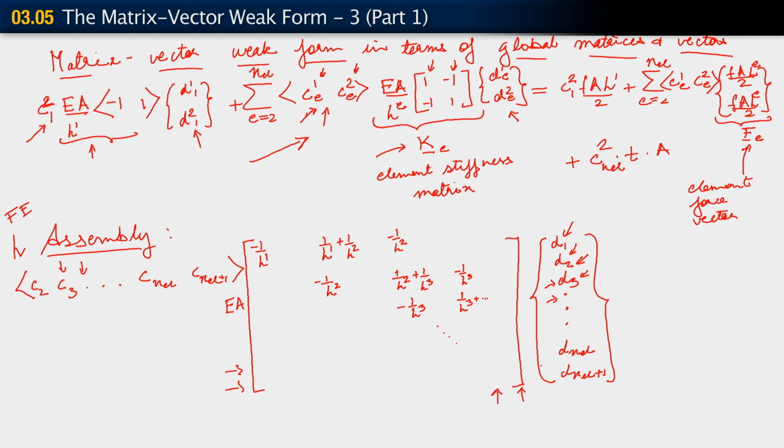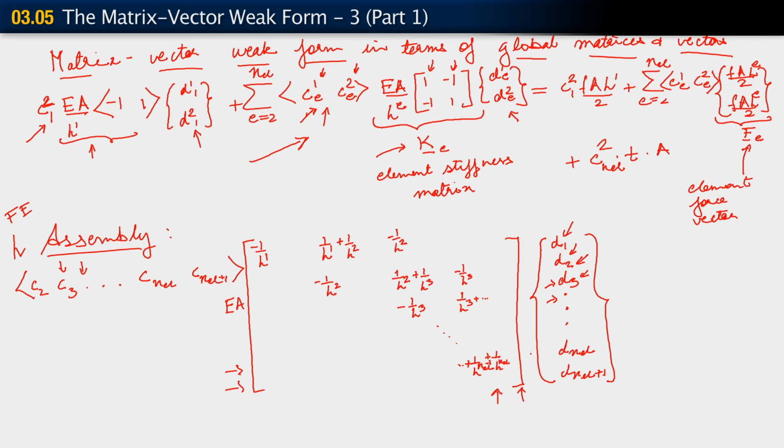The last but one element is going to contribute a term on the diagonal here, which will be 1 over H N EL minus 1. The very last element will contribute a term here which will be this plus 1 over h n EL.